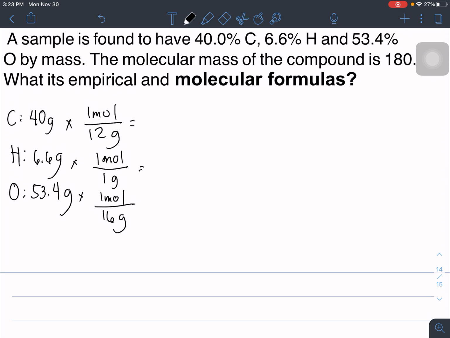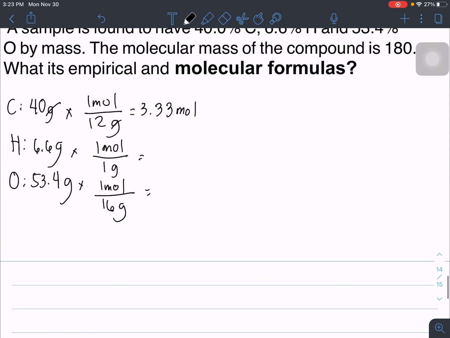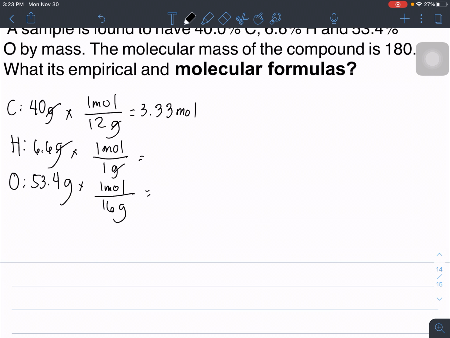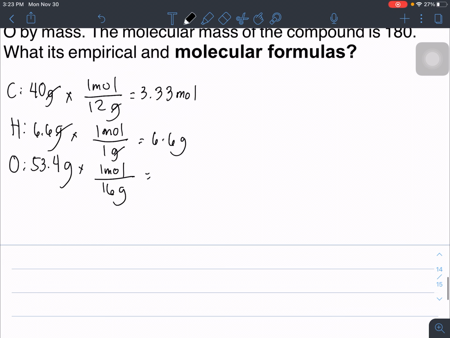Okay. So the answer will be, for carbon, that is 3.33 moles. Okay. For hydrogen, that is 6.6 moles. And for oxygen is 3.33 moles also.